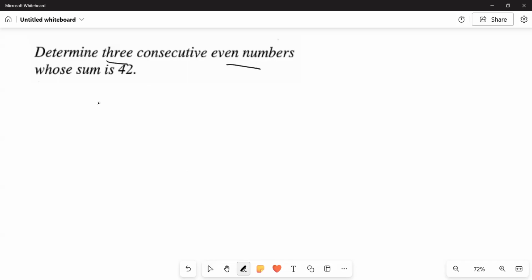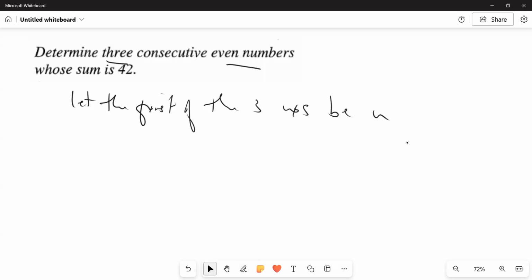give the variable a name, or assign it a name. So let the first of the 3 numbers be n. So we're naming the first one n.